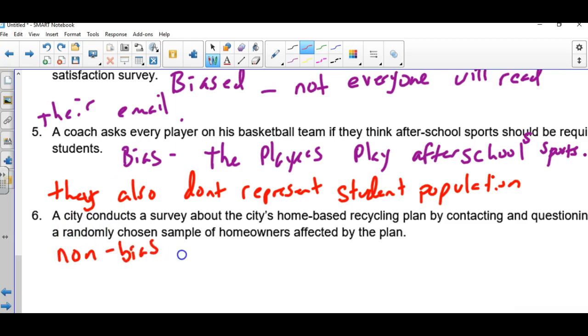This is non-biased because the people that they question are affected by the plan. So it's not like they asked somebody that wasn't on the survey or wasn't a part of the population.